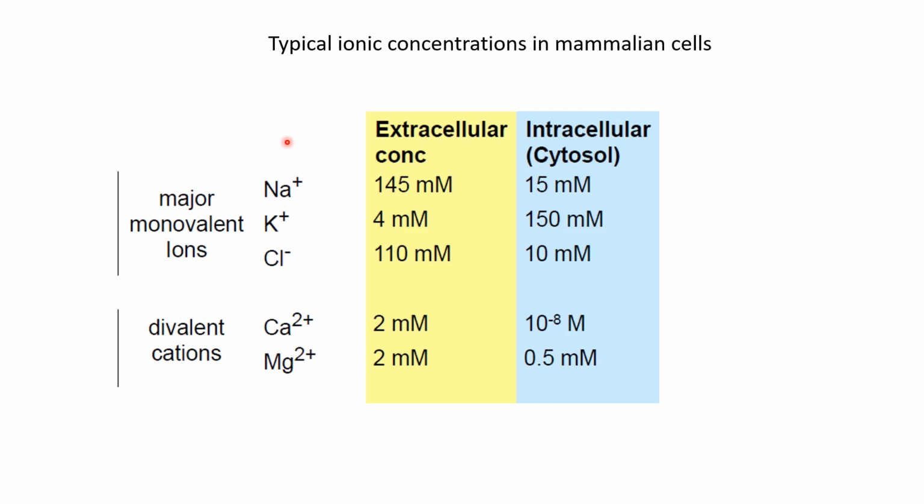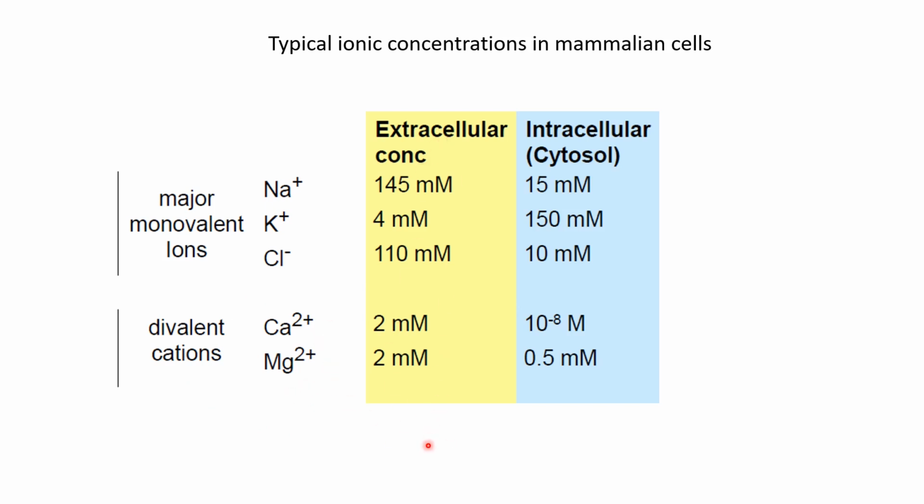Ions that have a single charge are called monovalent ions, and this includes mainly three ions: sodium Na+, potassium K+, and chloride Cl-. And among the ions that have double the charge, these are divalent ions, which include calcium Ca2+ and magnesium Mg2+.